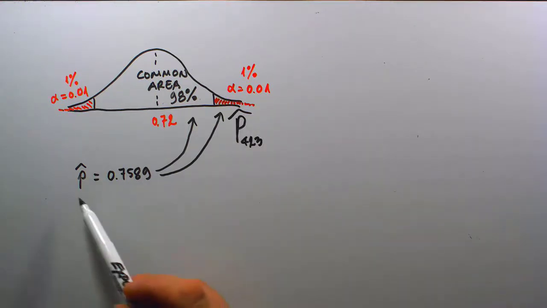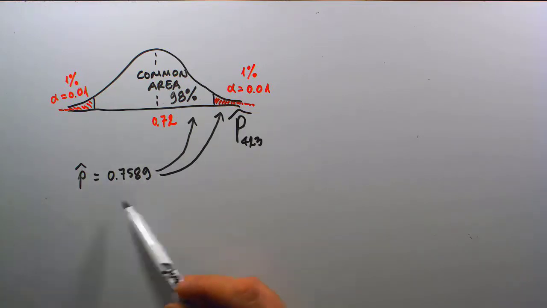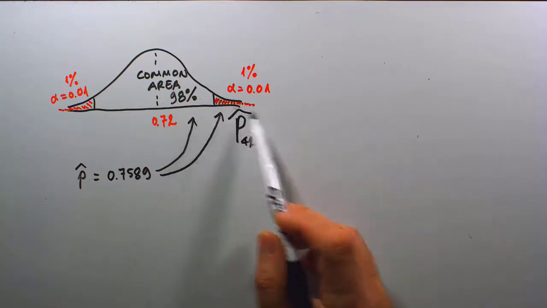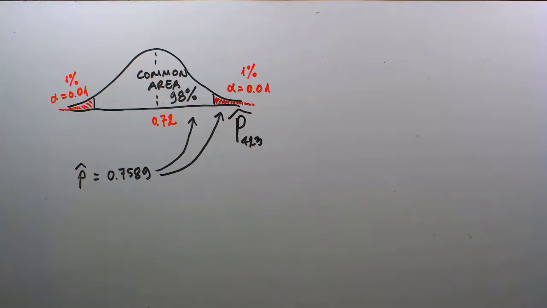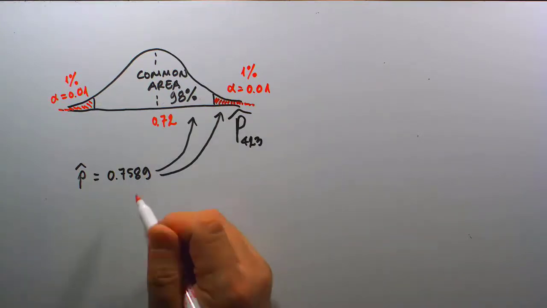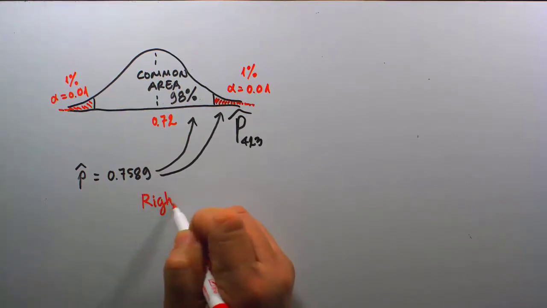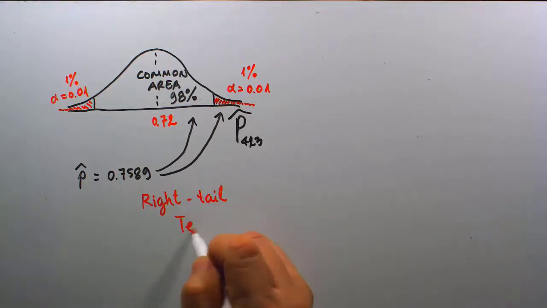And so since we're particularly looking for whether our p hat is in the unlikely area shaded as the right tail to the right-hand side of the common area, this problem is again very similar to the very first example, example 1. We refer to this as the right tail test.